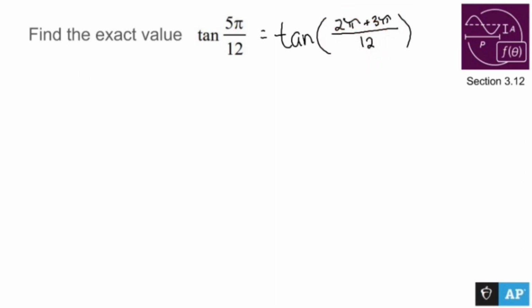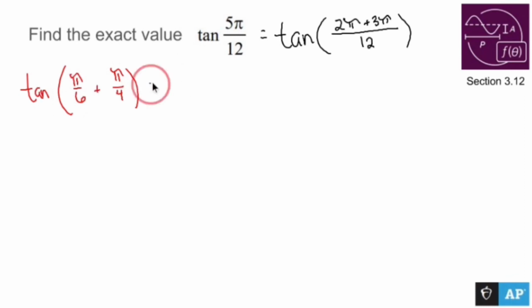Once I have those officially split up, I can write this out as tangent. 2 pi over 12 is pi over 6, a unit circle number, plus 3 pi over 12 is pi over 4, another unit circle number. Now, you may have the sine and cosine addition properties memorized, but you probably don't have the tangent.